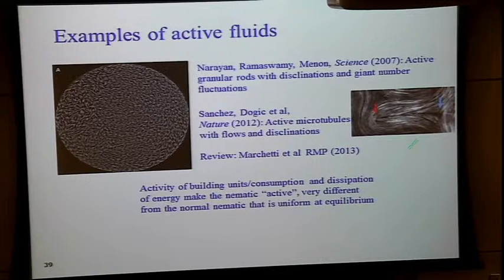Then Dogic and his colleagues created a very nice system with micromotors and observed topological turbulence caused by the motion of matter and the appearance and annihilation of +1/2 and -1/2 disclinations. You can read this review article that recently appeared in Reviews of Modern Physics.